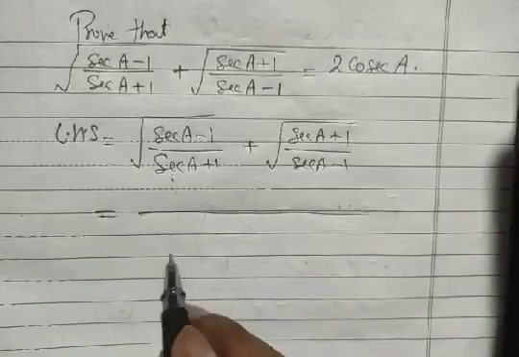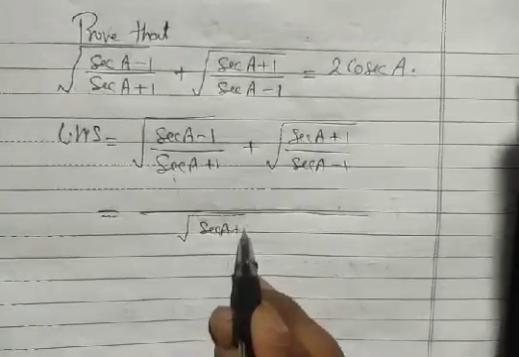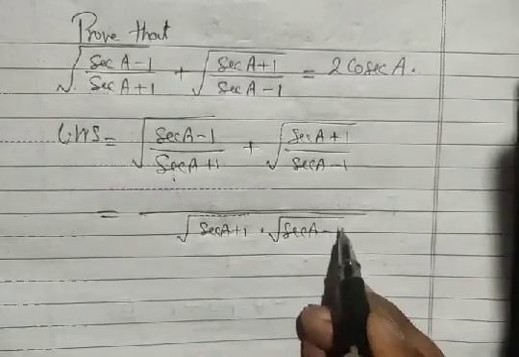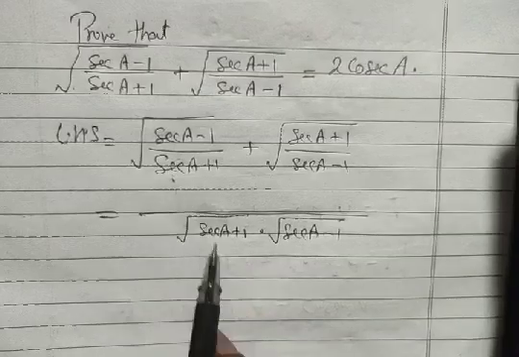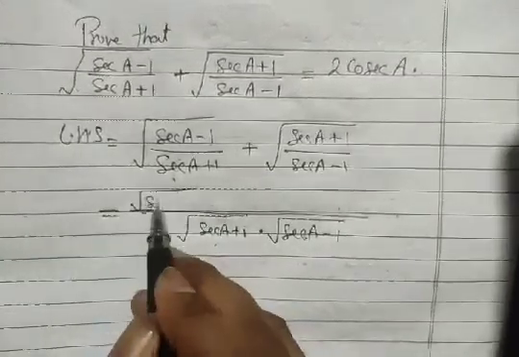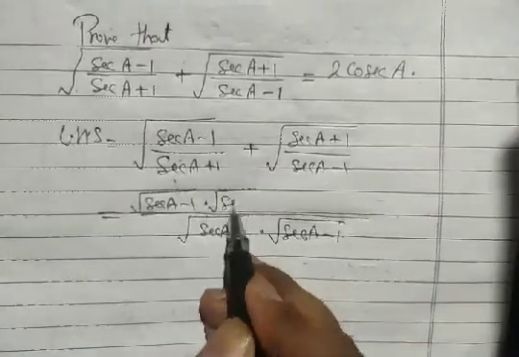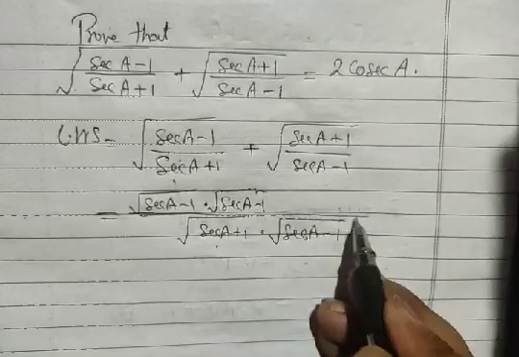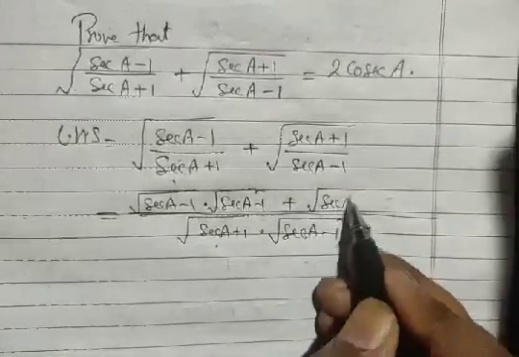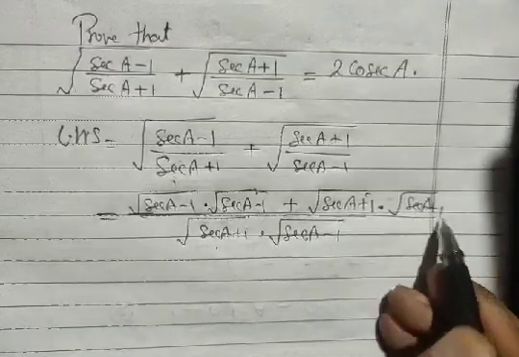What is the LCM of this? Our LCM is root of (sec a + 1) into root of (sec a - 1). Then when we divide by this, we have under root (sec a - 1) into under root (sec a - 1), plus under root (sec a + 1) into under root (sec a + 1).